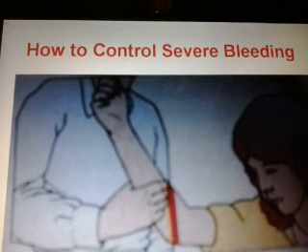At the end, how to control severe bleeding. Controlling severe bleeding to prevent or minimize serious blood loss is also one of the techniques, so that a casualty's circulation can be maintained.